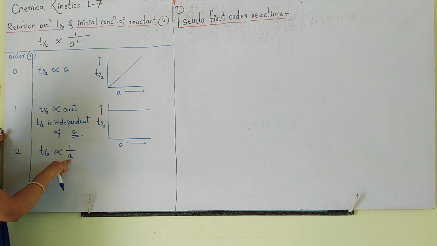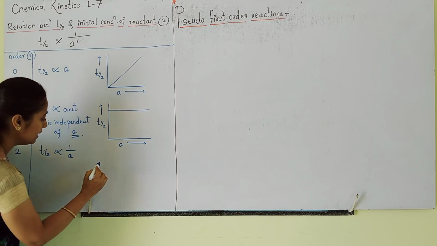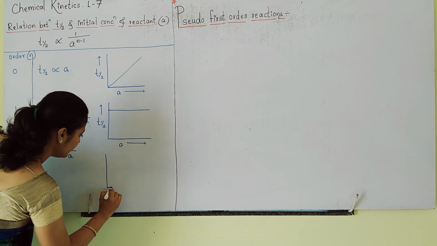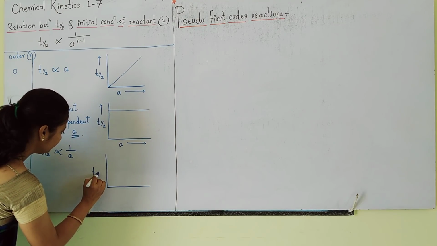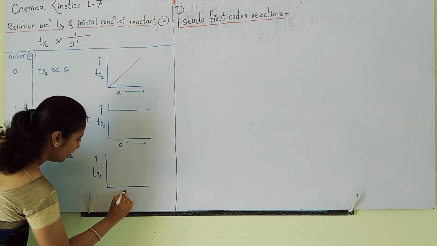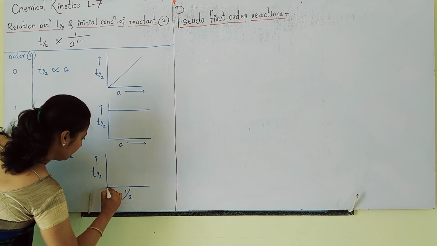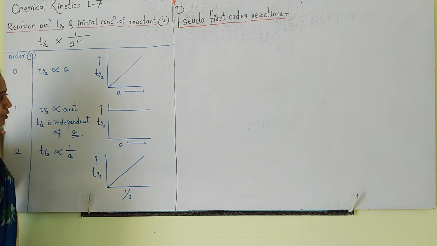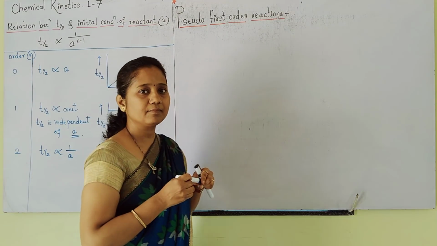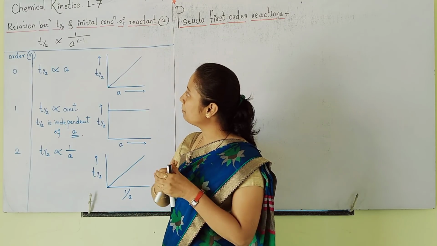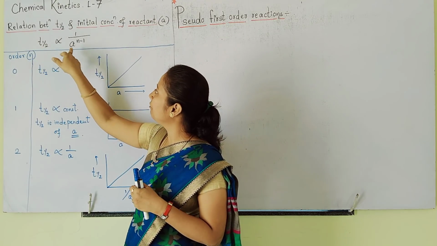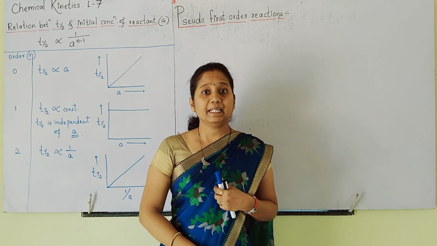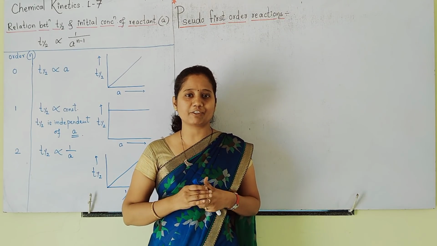Inversely proportional to A, directly proportional to 1 by A. So we'll plot the graph like this: half-life directly proportional to 1 by A. Okay. So remember this one formula; it gives the relationship of half-life with initial concentration of reactant for nth order, whichever order.